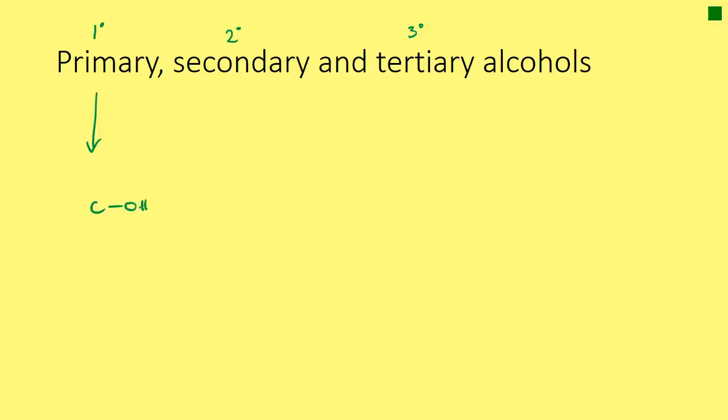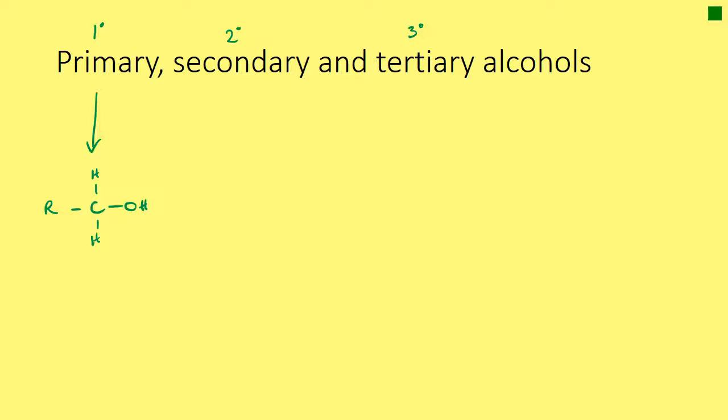Your alpha carbon is the carbon that the functional group is attached to, in this case the hydroxyl functional group. So in a primary alcohol we've got 2 hydrogens and only 1 alkyl group coming off that alpha carbon.